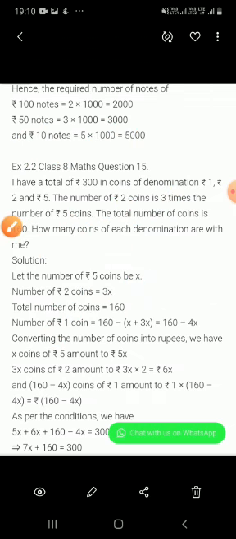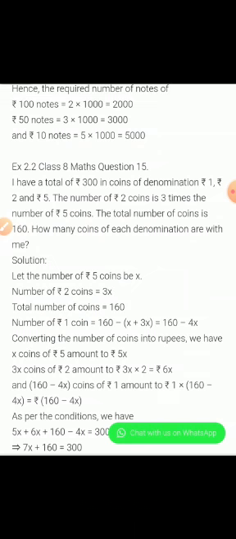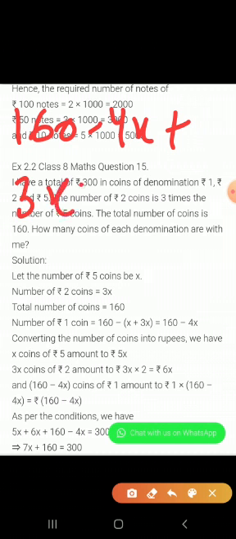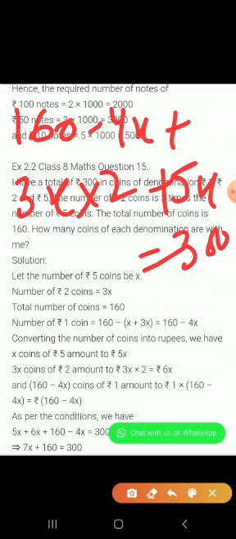This is the equation they have formed: 160 minus 4x plus 3x into 2 plus 5x. It is giving you total amount as rupees 300.